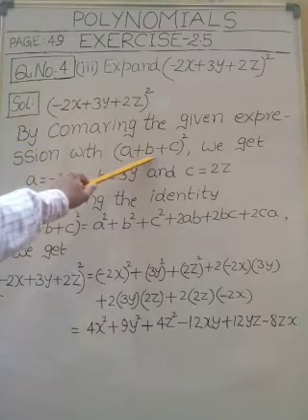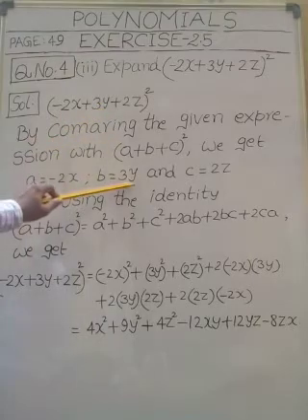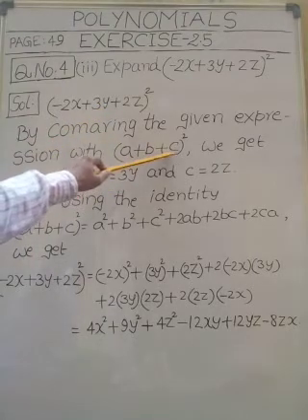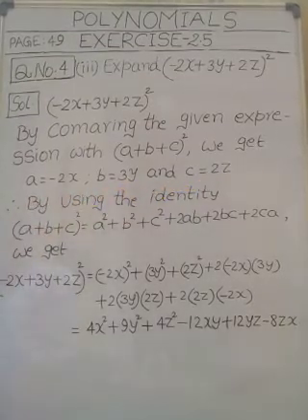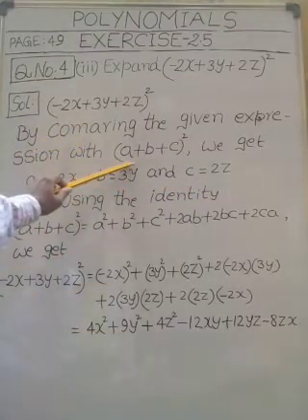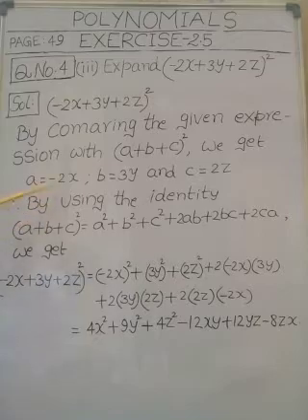B means the second term. What is the second term here? 3y. And c means third term. What is c here? 2z. So by comparing the given expression with this expression, we get here a, b and c values. Understood this part, my dear children?